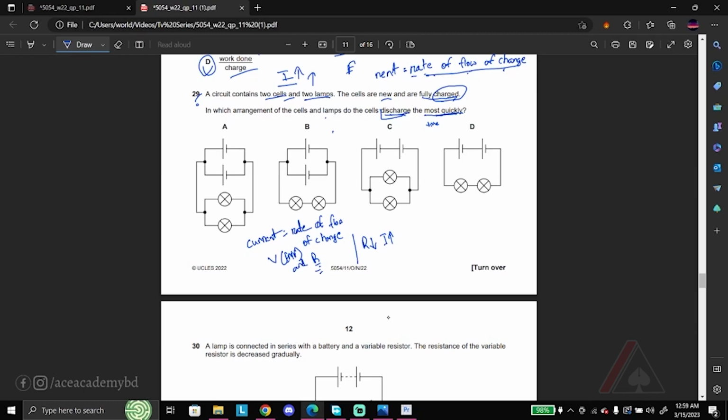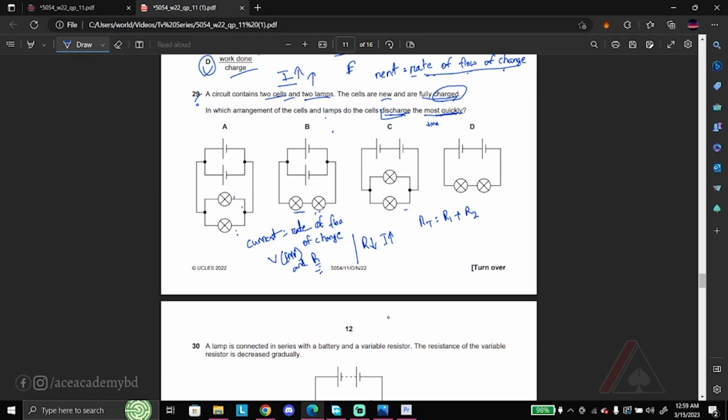Each of the lamps has its own resistance. If we look at these diagrams, we can see that there are two types of connections: parallel and series. As we all know, in a series connection, the total resistances are just added up.